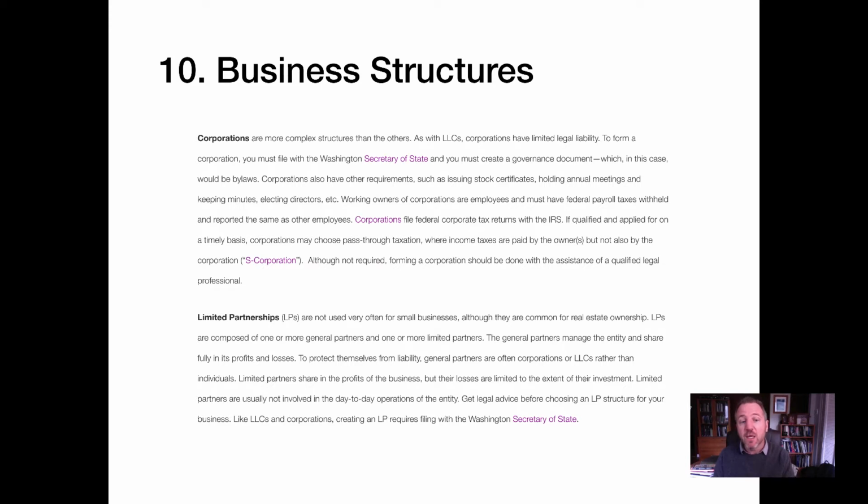Corporations may choose pass-through taxation if it's a very small, what we call closely held corporation.